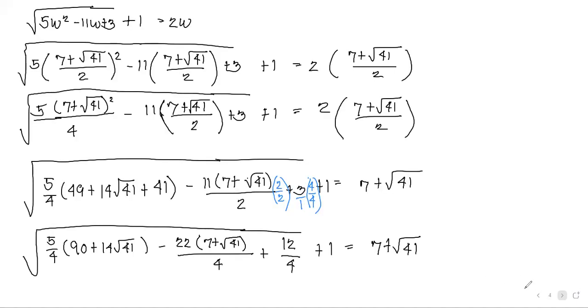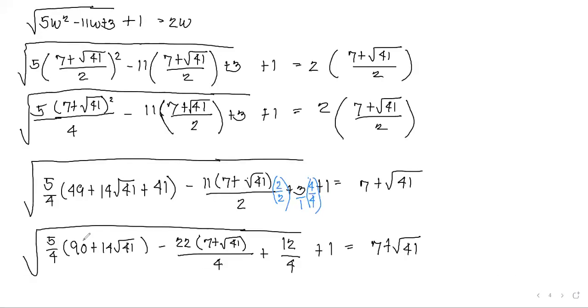Next. Square root of, pwede na natin gamitan yun ng expansion. Ayan. So 90 times 5, 9 times 5, 45, 450. Tapos sunod ay 5 times 14 square root of 41. 5 times 14 is 70. Tama? Yeah. 70 square root of 41.